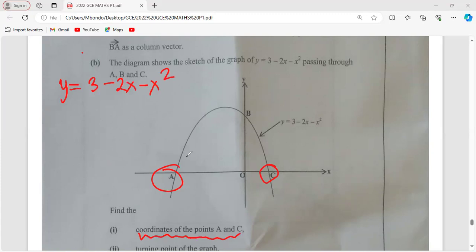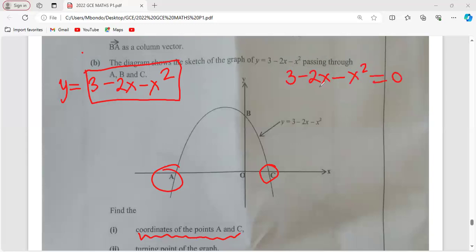You will discover that the y coordinate on these points is 0. So given that, we need to write this equation equating it to 0. So we'll have 3 minus 2x minus x squared equals 0.